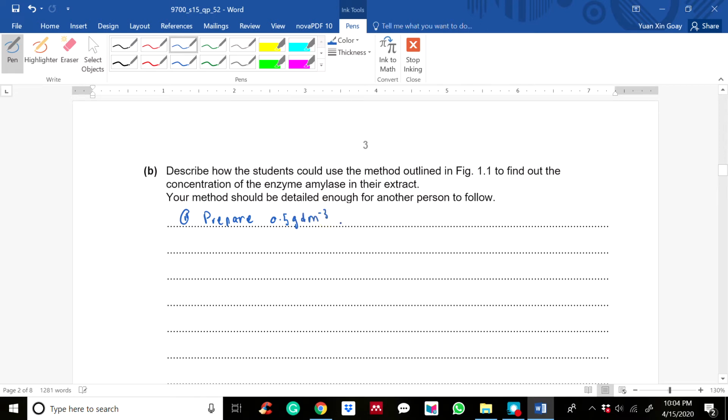You can prepare dilutions 0.5, 0.4, 0.3, 0.2, and 0.1 gram per decimeter cube of amylase solutions using serial dilutions.